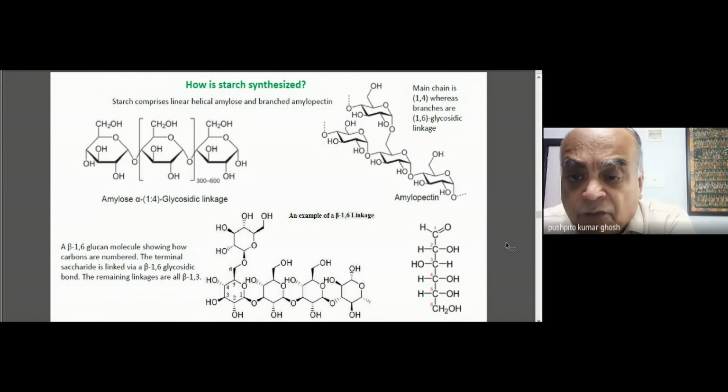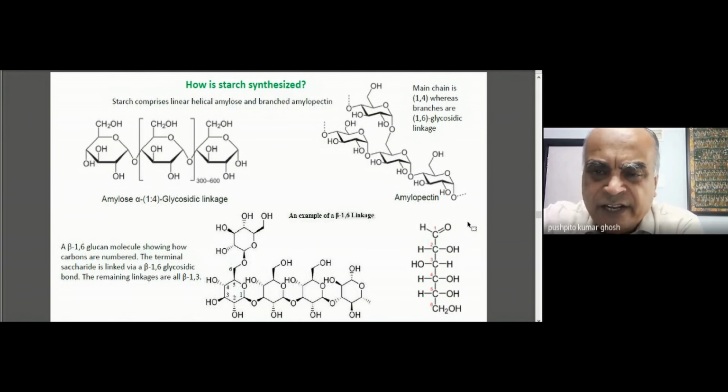Firstly, this is glucose. For the nomenclature for numbering the carbons, the one with the highest functionality is numbered first. In this case, the highest functionality is carbonyl.